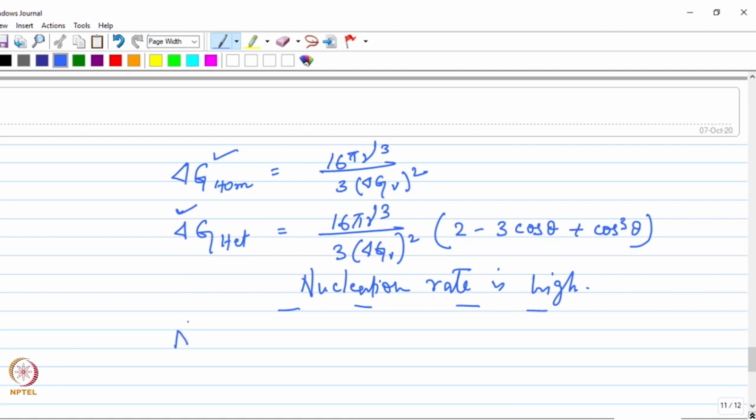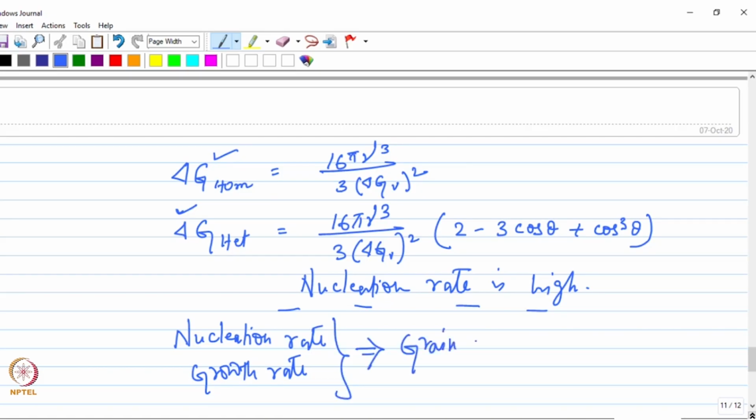You have to have a higher nucleation rate which can actually beat the growth rate, because now the nucleus is also growing. So which one will prevail, that would decide the grain size. If the nucleation rate prevails over growth rate, then it will be a finer grain size. And if the growth rate prevails, then it will be coarse.